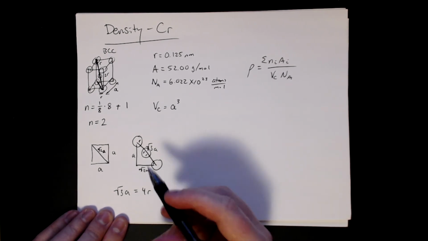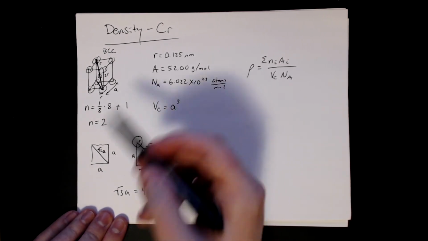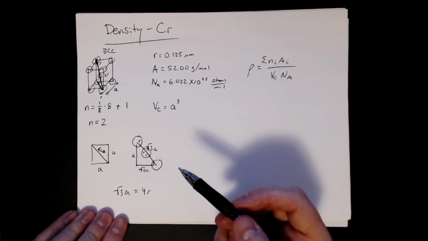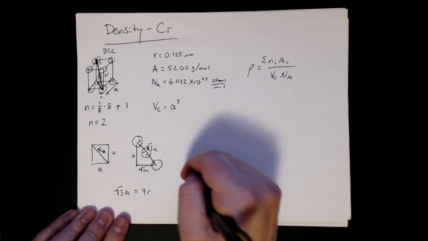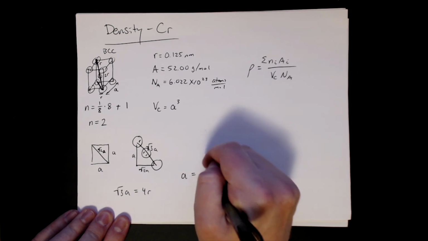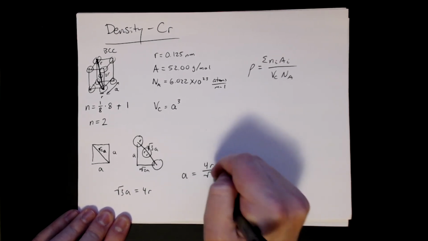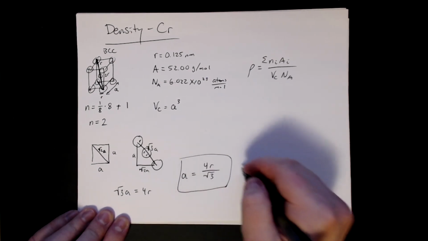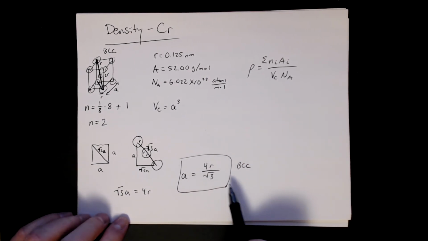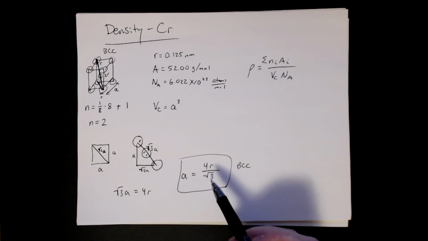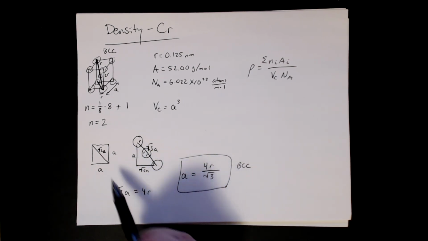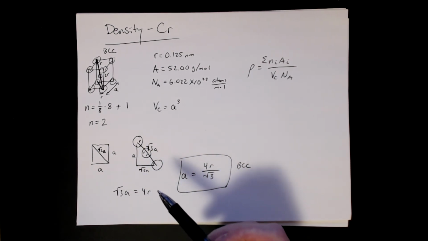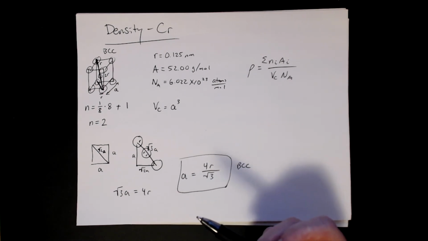So for BCC, if we look at the way that atoms touch in BCC, A is going to be equal to 4R over square root of 3. This is for BCC. This is a relationship that our book gives us, but I think it's important that you know where it comes from, and you can solve it for a given structure.